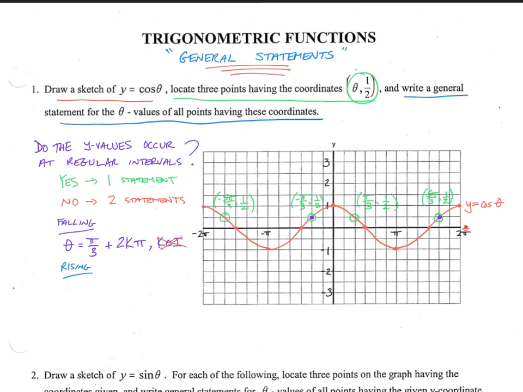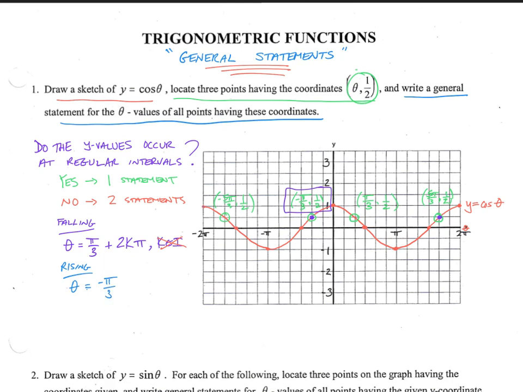If I'm kind of lazy a little bit and I want to deal with something as close to the beginning of my curve, as close to the y-axis as possible, then maybe I think about this statement. So, rising to a half would then be a theta value of negative pi by 3.